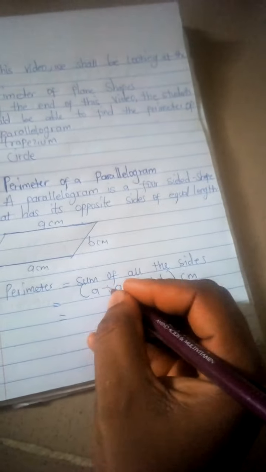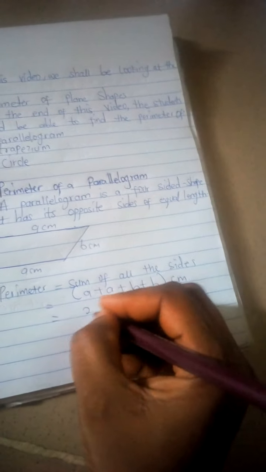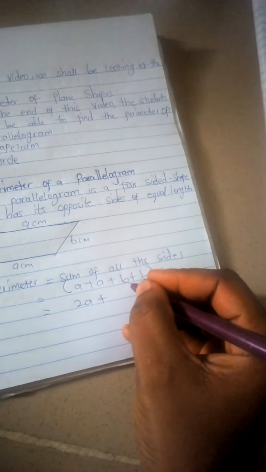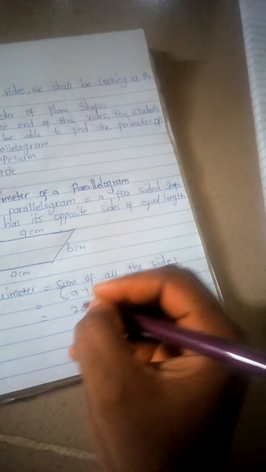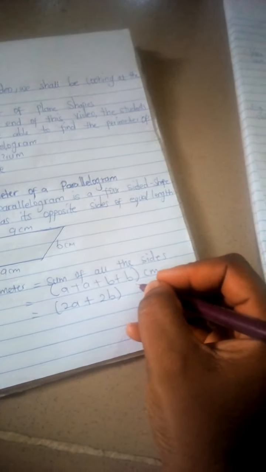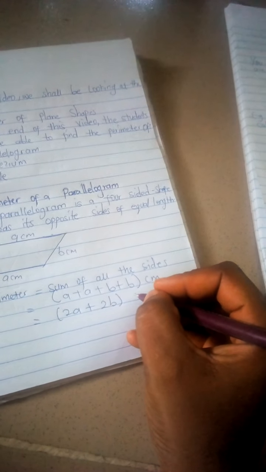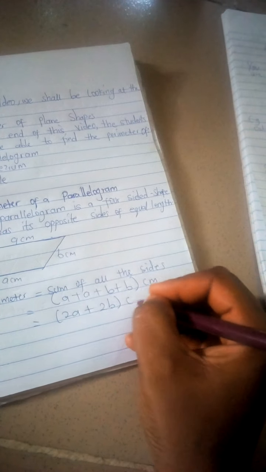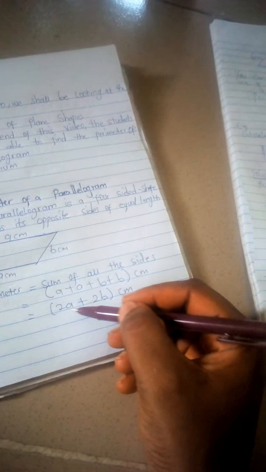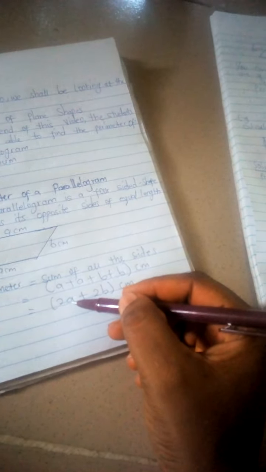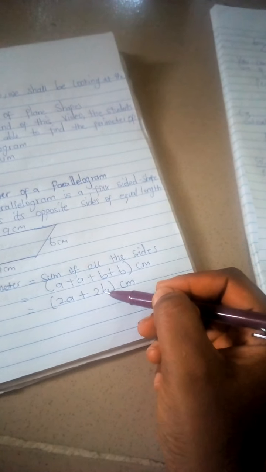Now we add: a plus a is 2a, plus b plus b is 2b. Remember that a and b are unlike terms. You can only add like terms, you don't add unlike terms. So a plus a is 2a and b plus b is 2b. You cannot say 2a plus 2b is 4ab.